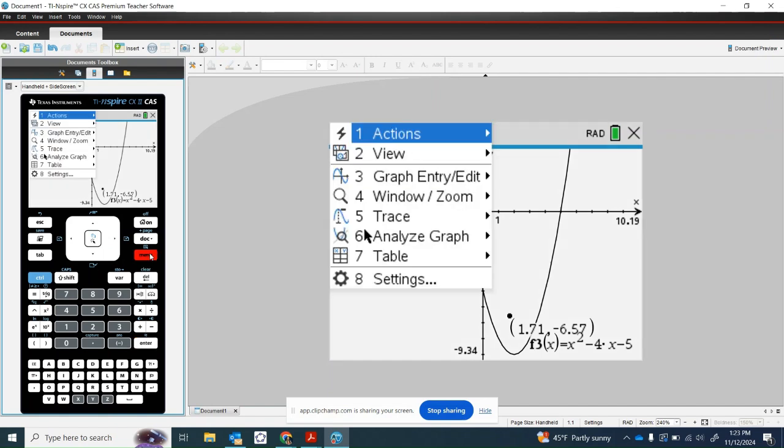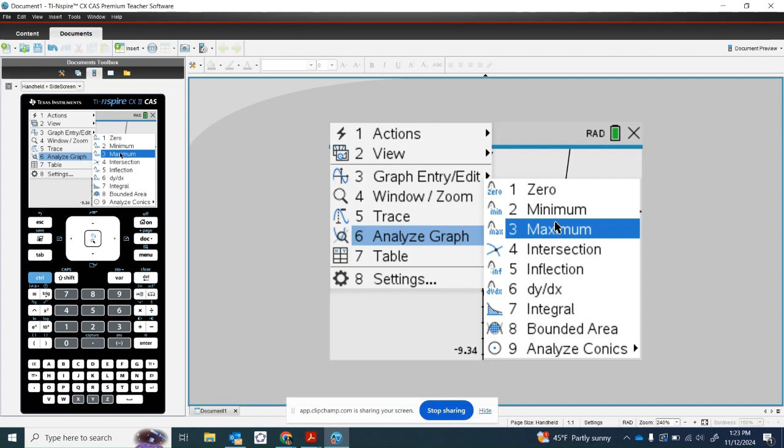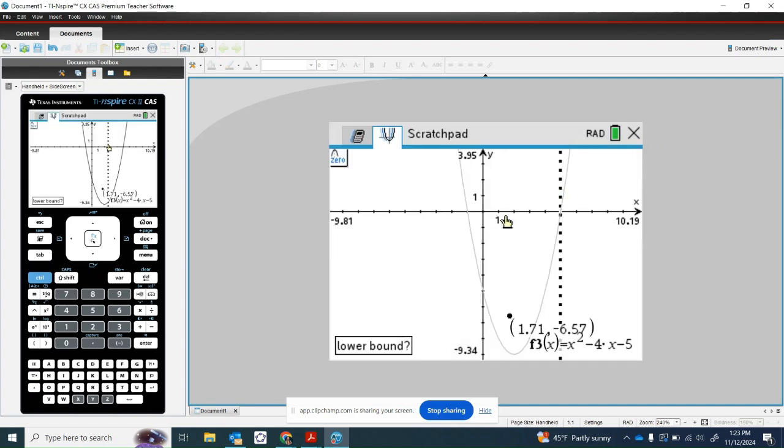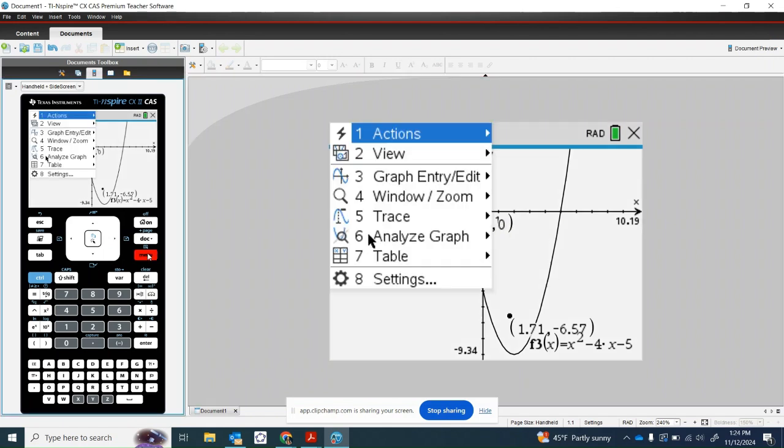All right, so menu, analyze. I want to find a zero. So again, I have to go to the left of it, and then I have to go to the right of it, and then you'll see it pop up. Click enter. All right. I can do that again for the next one.